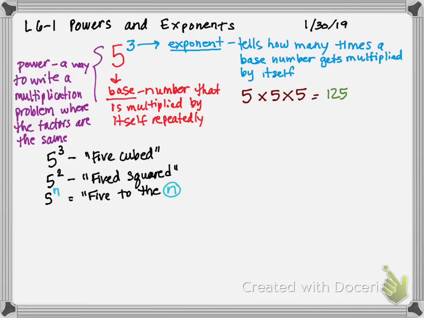You don't need to draw the circle, I'm just emphasizing the n. That's the form we use to read every other exponent. If it's 4, 5 to the 4th power. If it's 10, 5 to the 10th power, and so on.